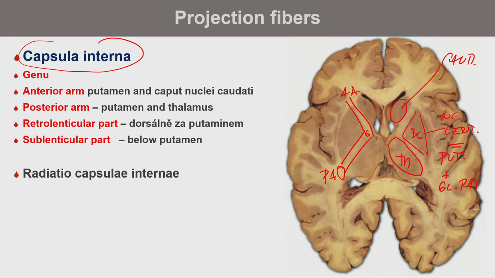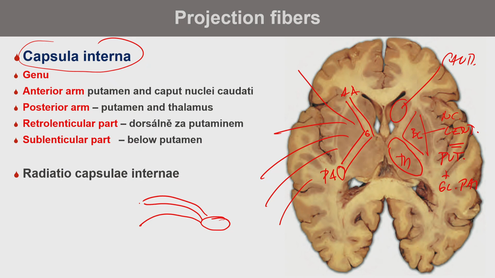Then, upwards, it's irradiated, and if you can imagine, here is a corpus callosum from which the fibers are going this way, and here is a capsula interna, and from which the waves of fibers are this way.